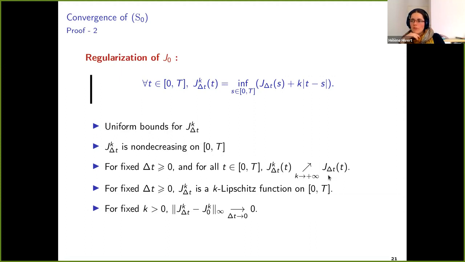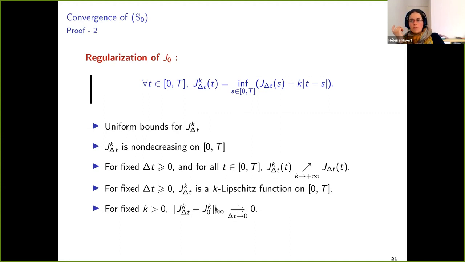The regularization is monotonic also. And j_dt^k is k-Lipschitz, and when k is fixed, you have uniform convergence of j_dt^k to j naught^k when dt goes to 0.